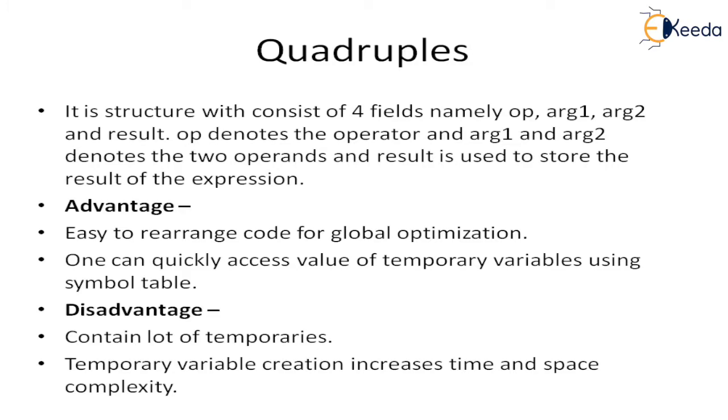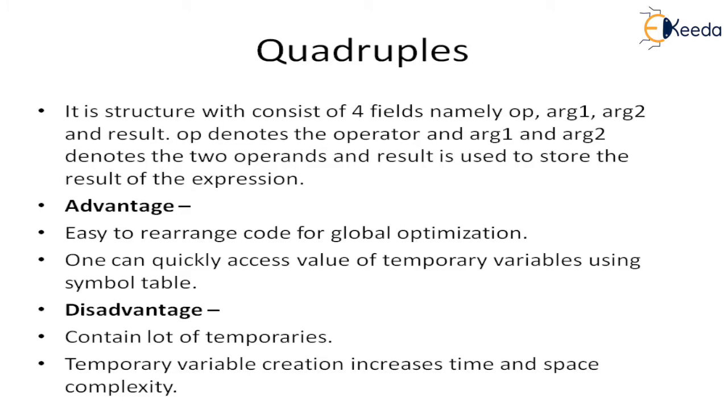OP is the operator, argument 1 and argument 2 denote the two operands, and the result is used to store the result of the expression. In this way the quadruple is represented.